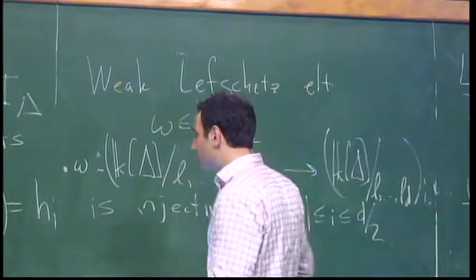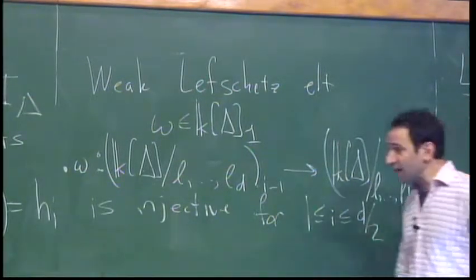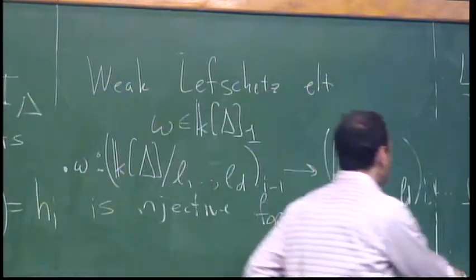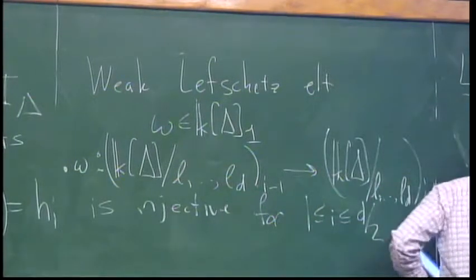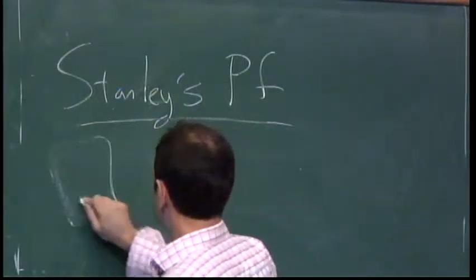And the existence of this element comes from identifying this Stanley-Reisner quotient with the cohomology of an algebraic variety. So Stanley's proof: there exists an algebraic variety.